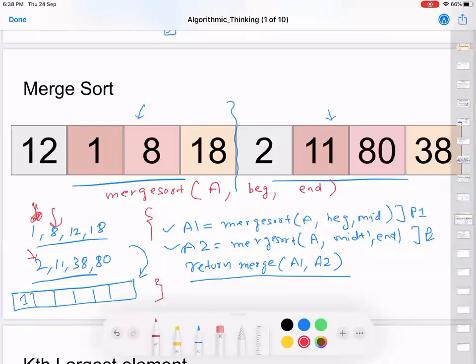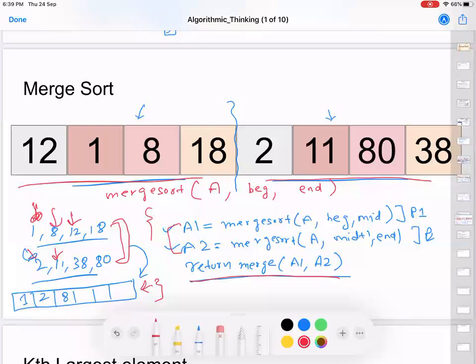Now you compare 8 with 2. 2 is lighter, keep 2 here, increment this pointer by 1. Compare 8 and 11. 8 is lighter, keep it, increment this pointer by 1. So when you keep repeating this procedure, you get this merge over here. So this is what I'm going to return. And again, these two people who are sorting these individual arrays, they are again going to do the same, right?